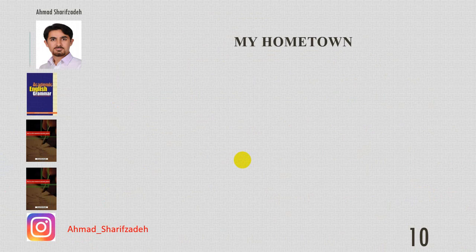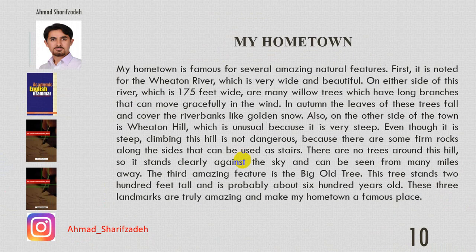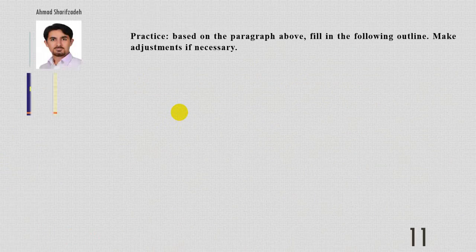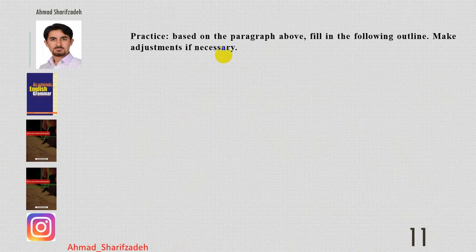We have the written text "my hometown," and you should divide it into parts. Here we have "my hometown is famous for several amazing natural features." This is the first sentence, and you should divide it into parts like this. Based on the paragraph above, fill in the following outline. Make adjustments if necessary.